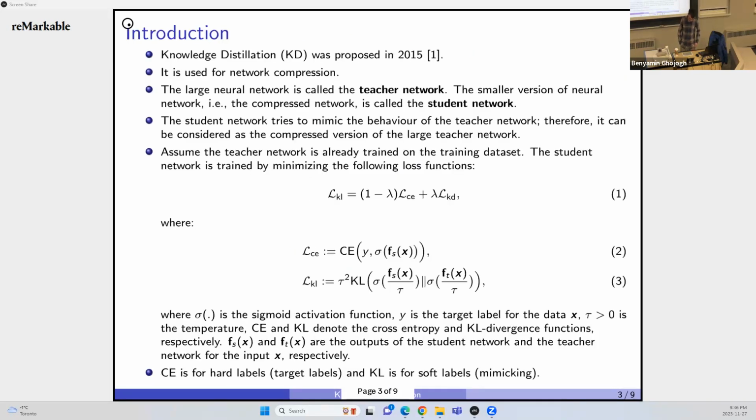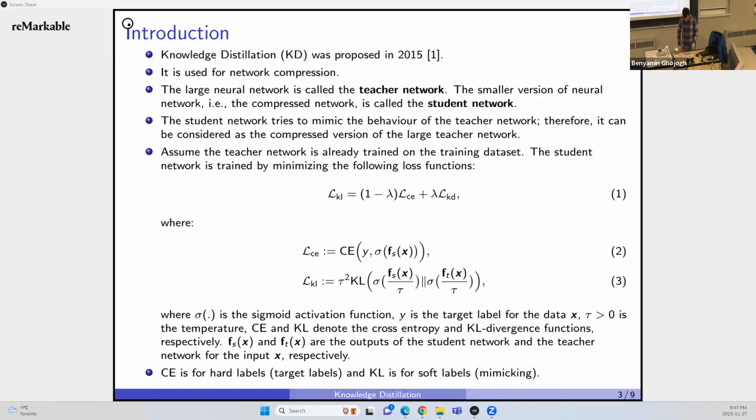So let me tell you the idea. I don't go into the details, okay? Assume I want to compress a network. I have a big network, such as BERT. BERT is big, right? I want to compress it. Why is network compression important? Smartphones, exactly. So for embedded systems, we have limited memory. You can't have huge amount of weights, right? So you need to compress it.